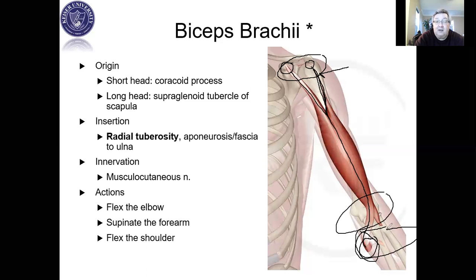The short head has its origin at the coracoid process. The biceps brachii inserts into the radial tuberosity. Its innervation is the musculocutaneous nerve.